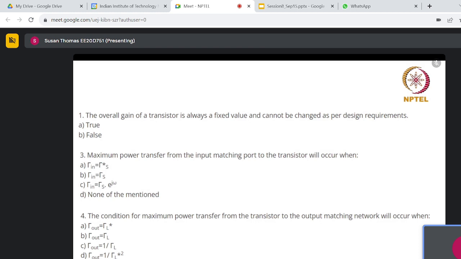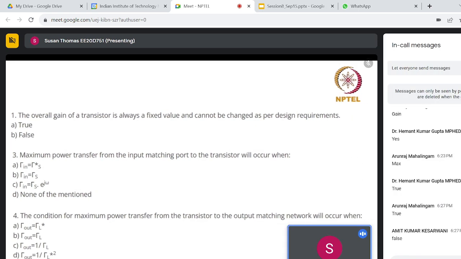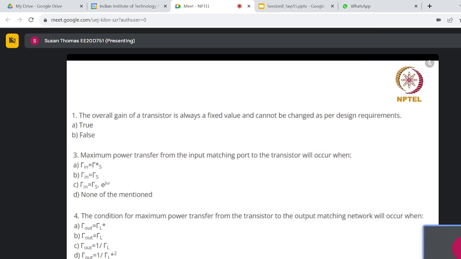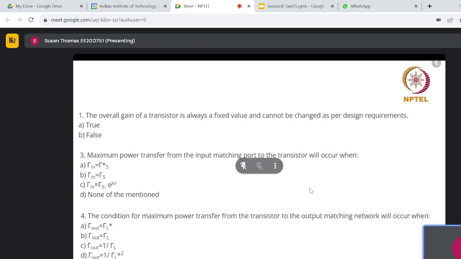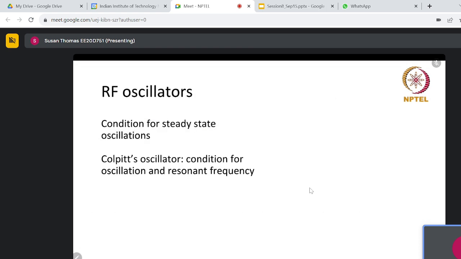Okay, so I think many of you have answered. So let me tell you. The overall gain, for a given transistor, say gain G naught. So gain is fixed. But if you see the overall transducer gain, that is going to depend on the gain of the matching network.